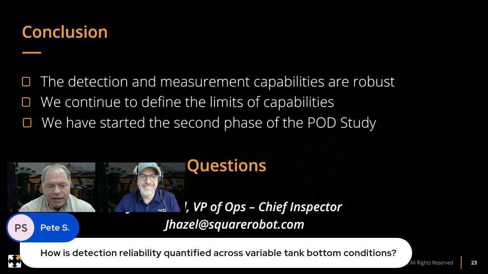Okay, how is detection reliability quantified across variable tank bottom conditions? I think this is an interesting question because one of the things we say about tanks is they're all round, but none of them are the same. We're going to see that across a tank bottom as well, where you have different slopes and different conditions, different configurations, where you have higher levels of patch plates over here where you may not over here.